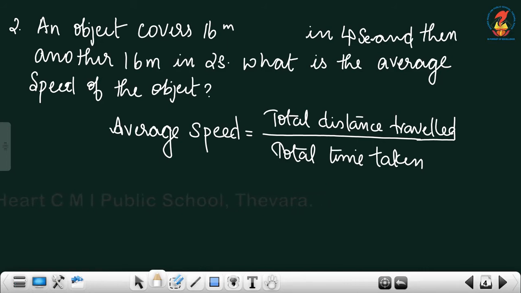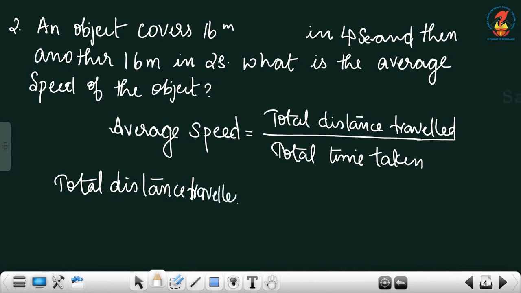Here 16 meter, here also 16 meter. So total distance traveled equal to 16 meter plus 16 meter.